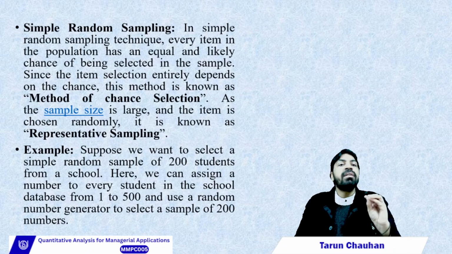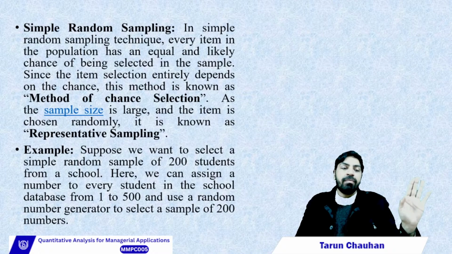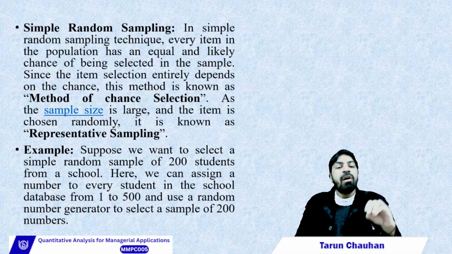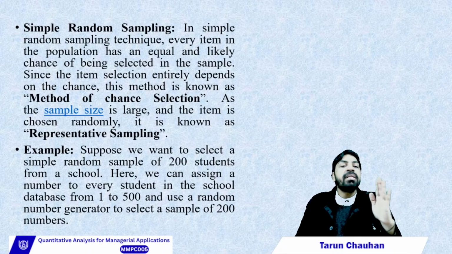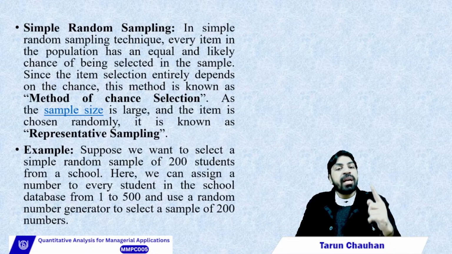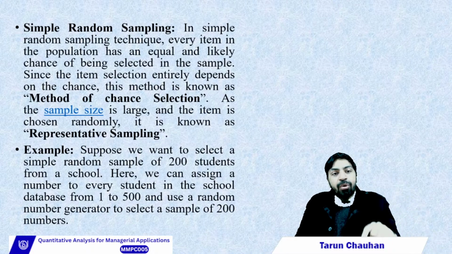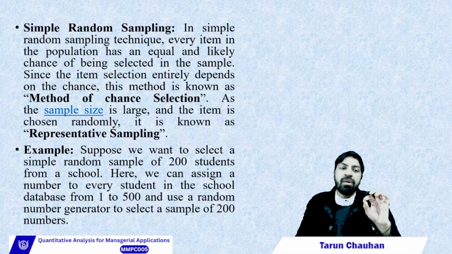That means in simple random sampling, every member of the population gets an equal chance to be selected in a given study. Whatever sample is selected is totally dependent on chance. And when any selection is based on chance or likelihood, that method is called the method of chance selection.